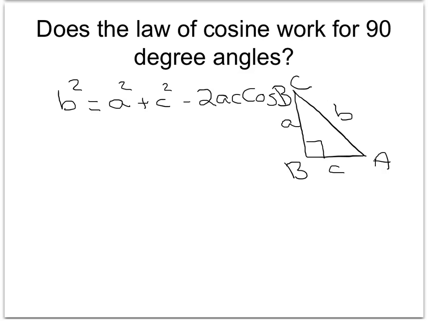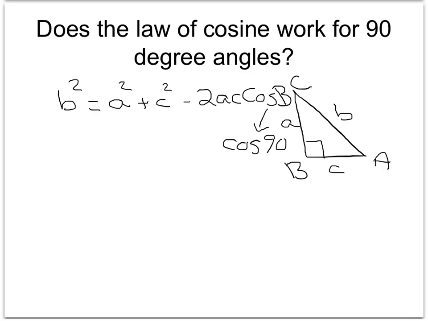Now, the only thing I actually know about this triangle is that b is 90 degrees. Everything else is still vague in terms of letters. So the only thing I can replace here is cosine of 90. What is cosine of 90?